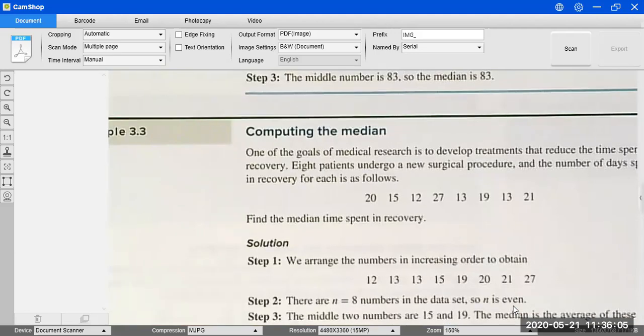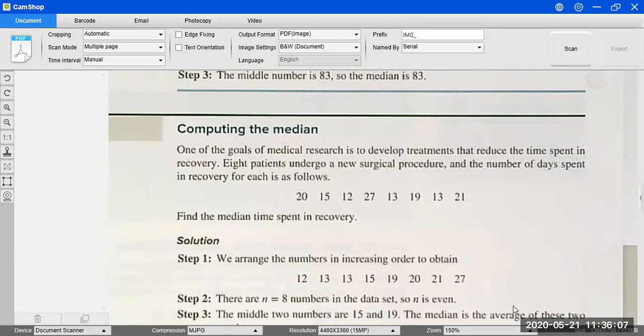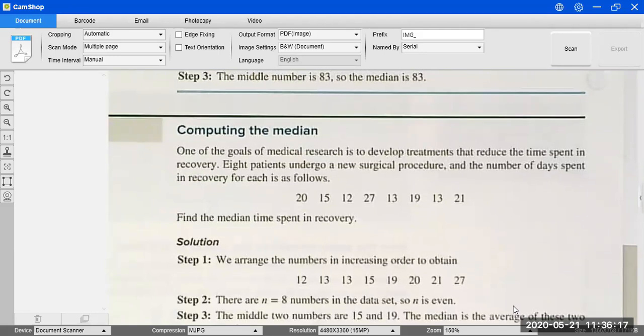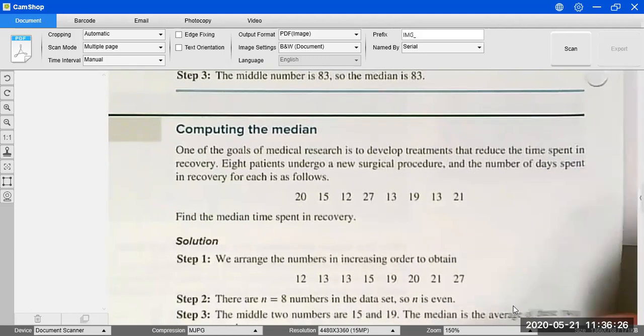One of the goals of medical research is to develop treatments that reduce the time spent in recovery. So 8 patients undergo a new surgical procedure, and the number of days spent in recovery for each is as follows. So we have 8 values. I'm going to copy those eight values, and then we're going to find the median time spent in recovery.